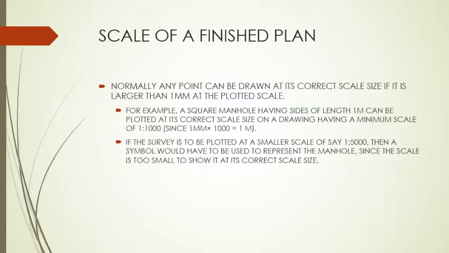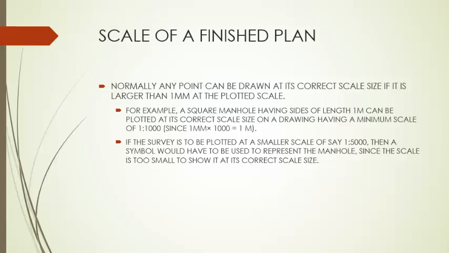In practice, how the detail is to be represented actually depends on the resolution of the drawing scale. Normally, any point can be drawn at its correct scale size if it is larger than 1 millimeter at the plotted scale.